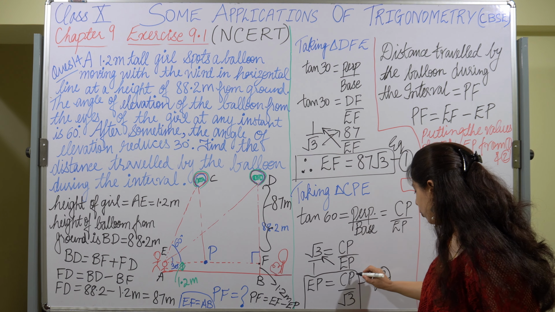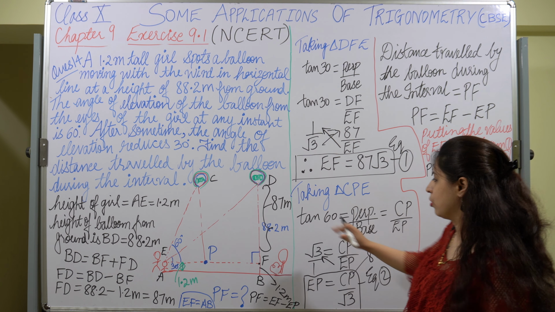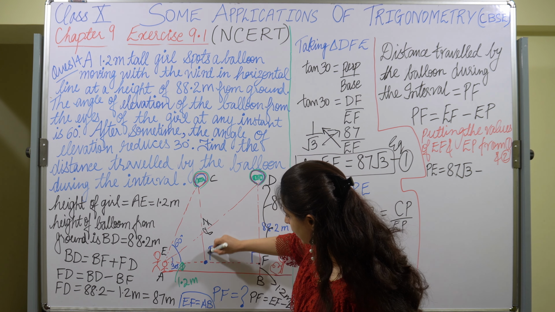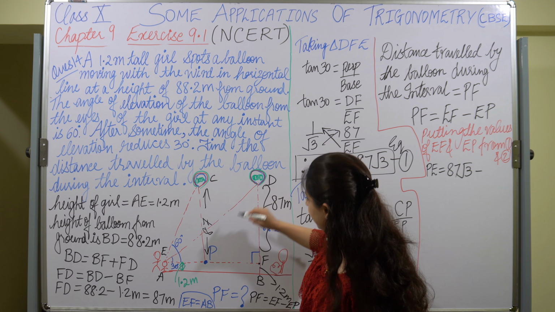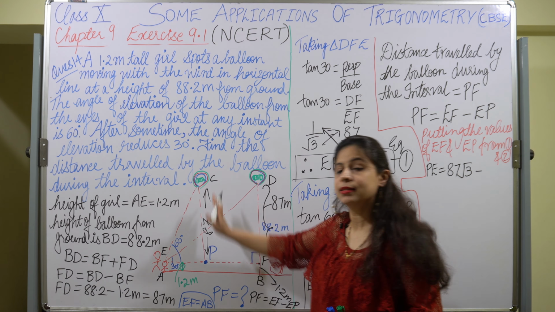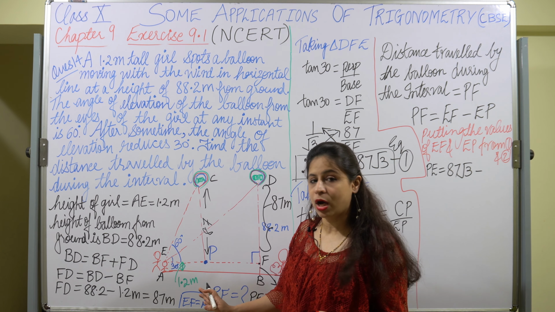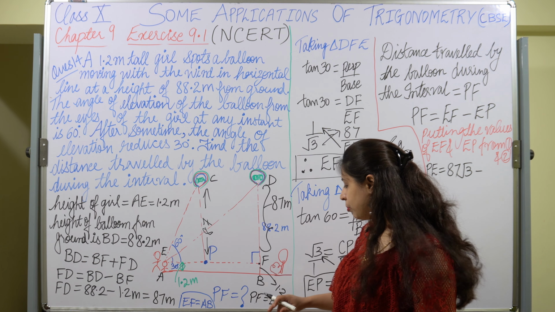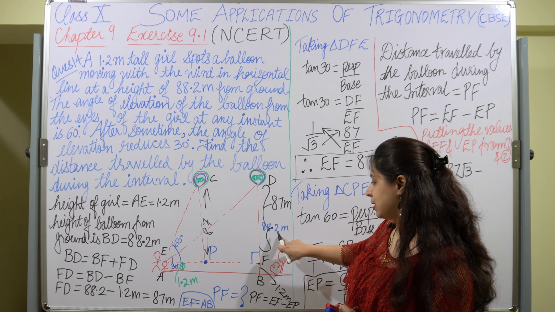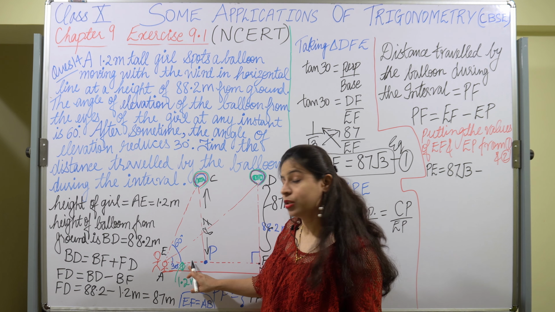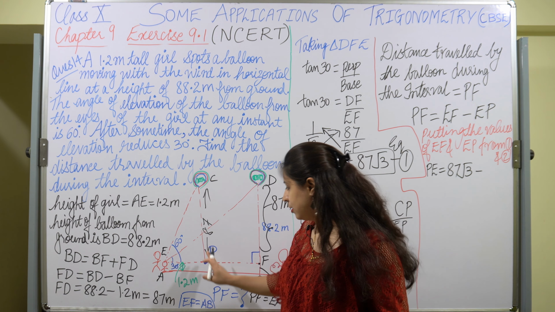CP is also 87 over here, because this distance and this distance are the same. The height is the same, because the balloon's height from the ground will always be the same. The balloon height from the ground is given to us as 88.2 meters. When we subtract the height of the girl, we get this height.